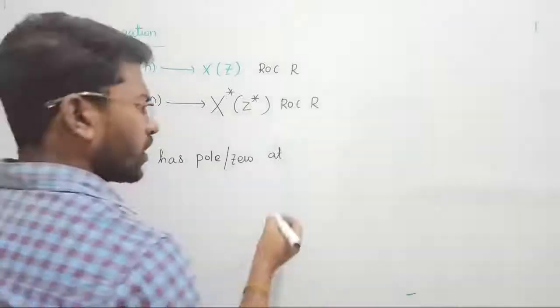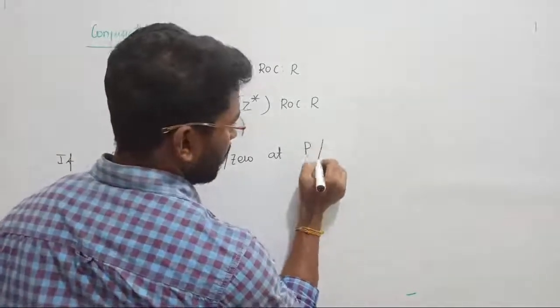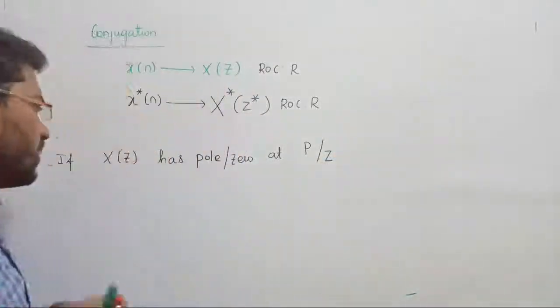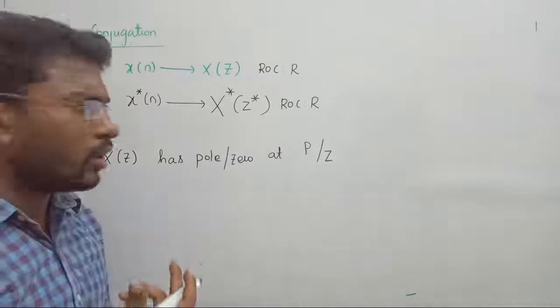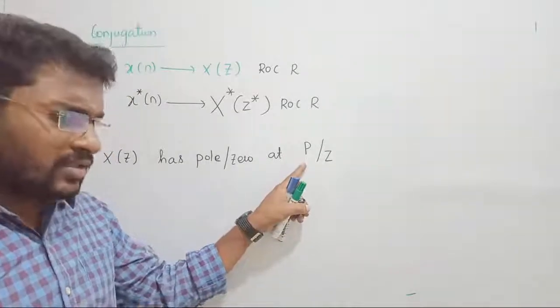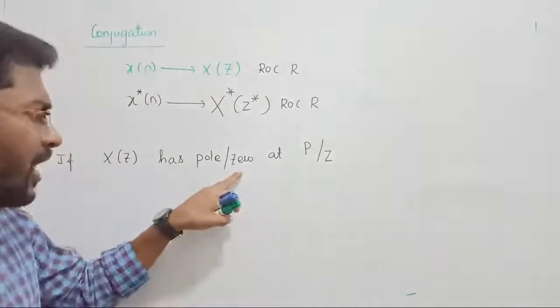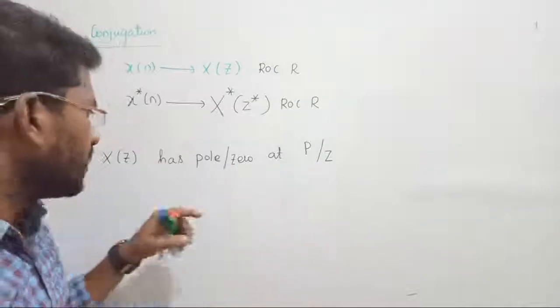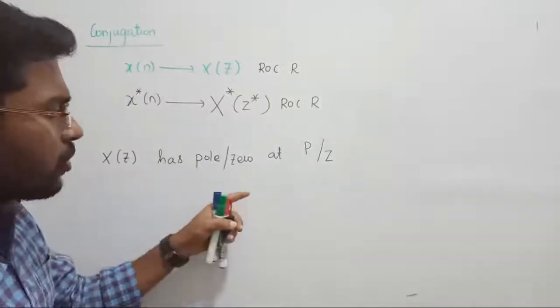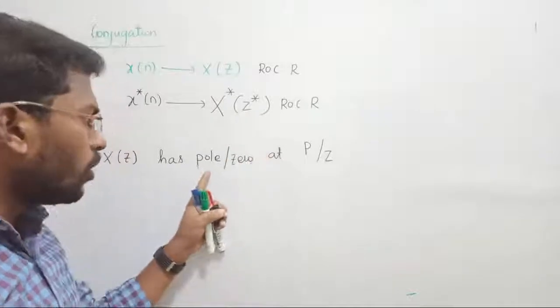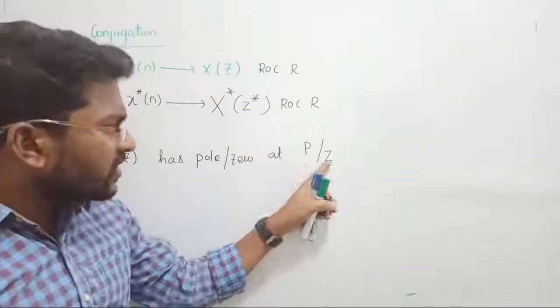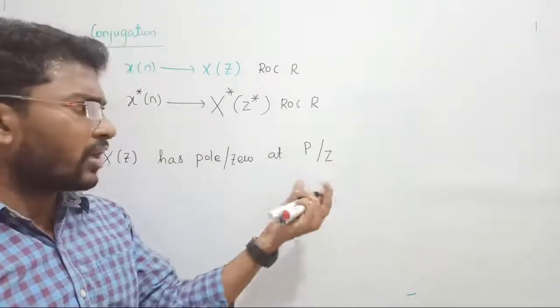Let me define it so that you get a clear idea. Say x of z has a pole at a point p, or it may have a zero at a point z. Here p denotes the pole location and z denotes the zero location.